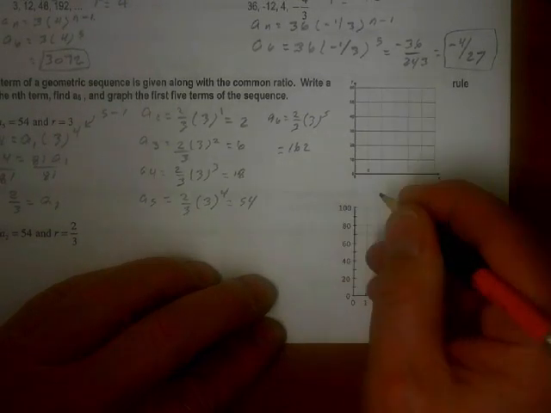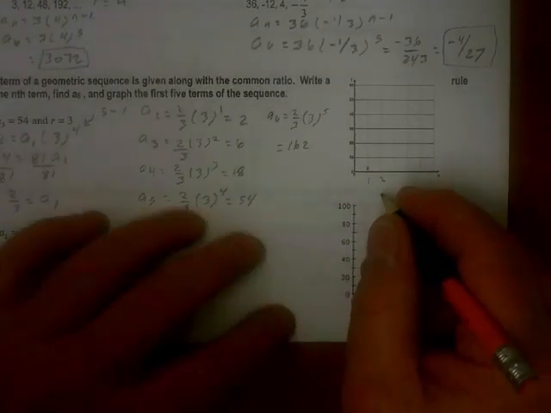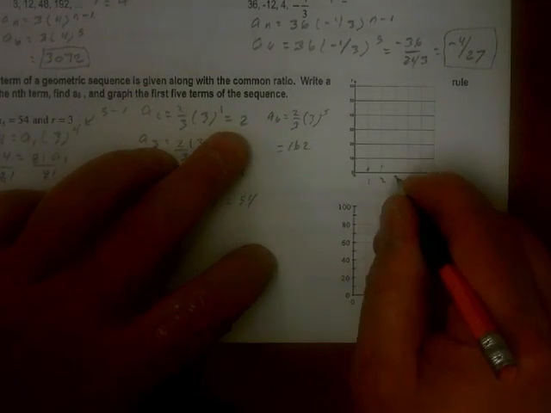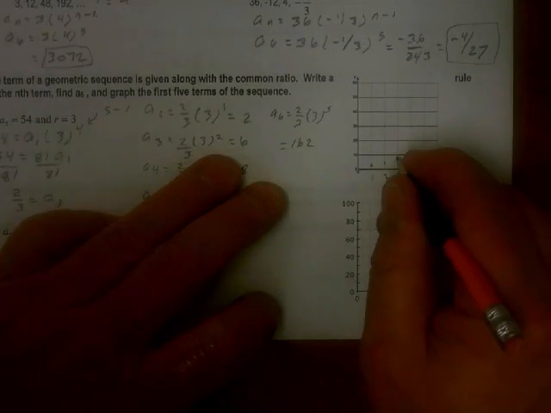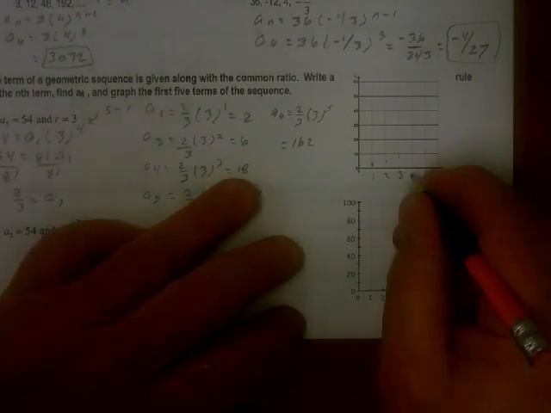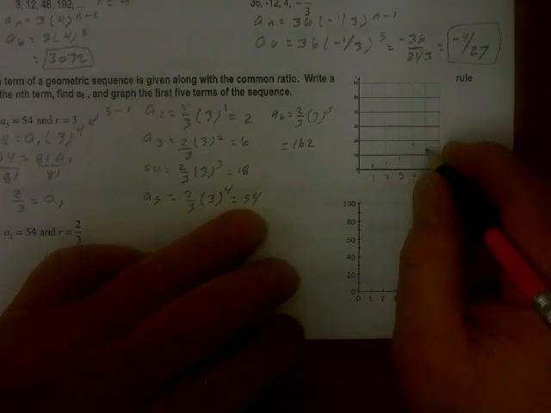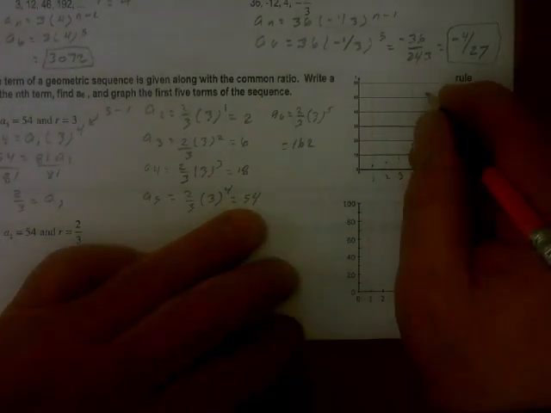So a sub 1 is 2/3. a sub 2 is 2. a sub 3 is 6. a sub 4 is 18. a sub 5 is 54.